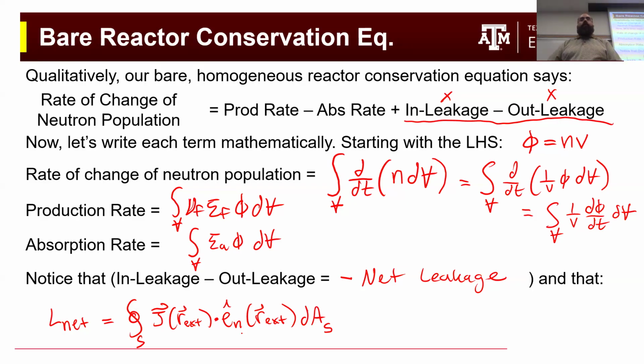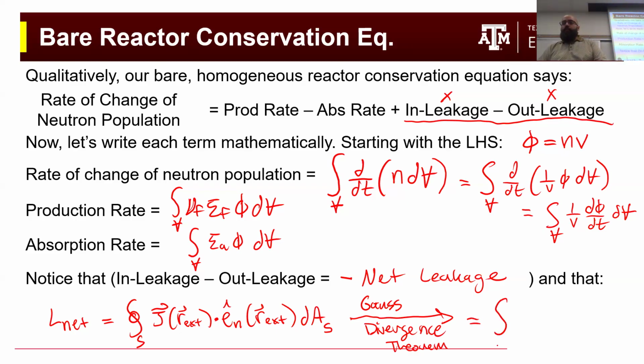And if we recall from our calculus studies, we have a powerful equation that allows us to convert a surface integral into a volume integral, and that's by using the Gauss divergence theorem. So if we recall the Gauss divergence theorem, then we can write this as an equivalent volume integral.